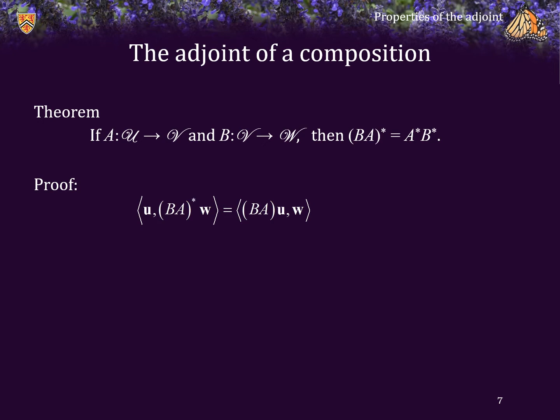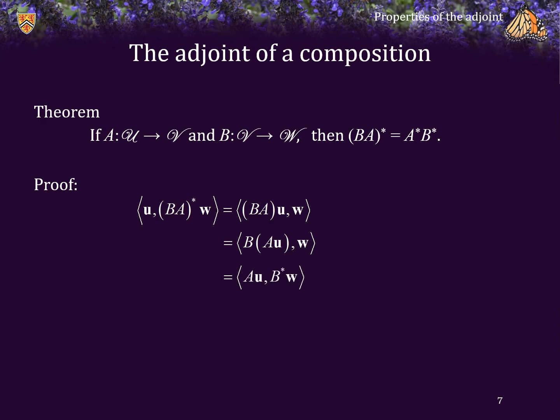But looking at B times A applied to the left-hand side of the inner product, we know that that is equal to B applied to A applied to u. Now, A times u is a vector in V. B maps V onto W, and therefore there must be an adjoint of B.